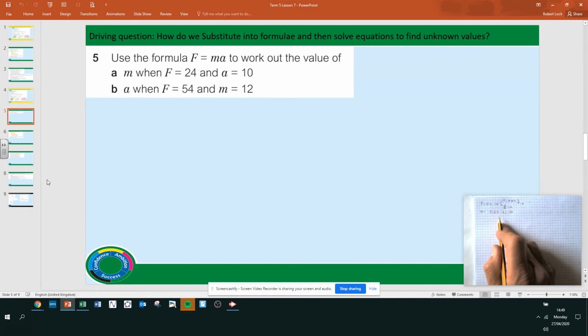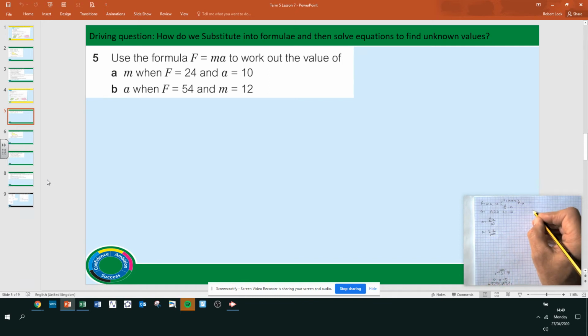So bring this back into our equation here with F, which is 24, and A, which is 10. That's what m equals. 24 divided by 10, so m equals 2.4.